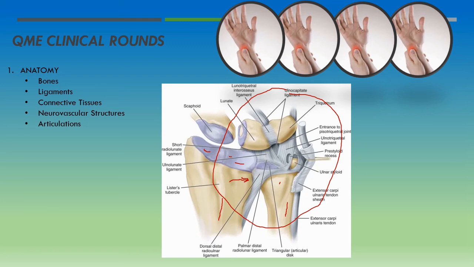And it's this area here where many of your examinees are going to report painful symptoms, and they're going to report clicking and clunking, whether it be painful clicking and clunking or whether it just be non-painful clicking and clunking, as these distal radial ulnar joint and proximal row of carpal bones suffer dysfunction as a result of an industrial injury. So let's take a close look at some of the structures involved in this ulnar aspect of the wrist.